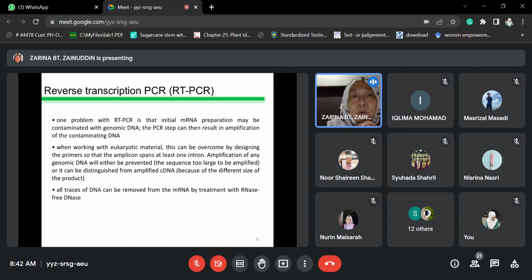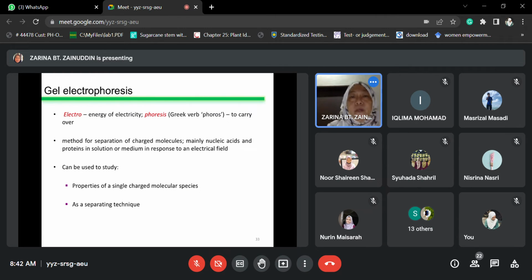When working with eukaryotic material, this can be overcome by designing the primers so that the amplicon spans an intron, because you know mRNA has no intron, only genomic DNA has introns, because the mRNA has already been processed. So amplification of any genomic DNA will be prevented. Alright, so that is reverse transcription.